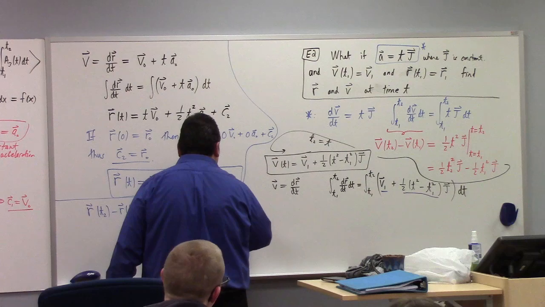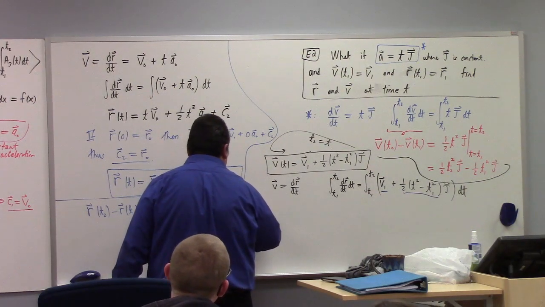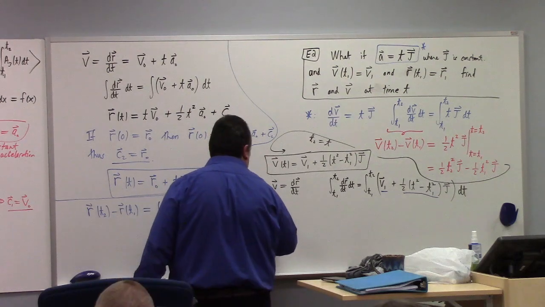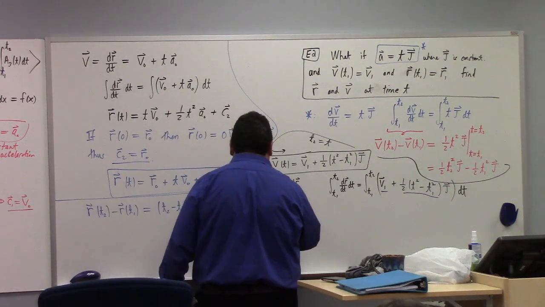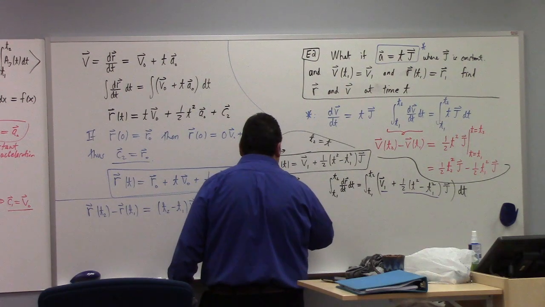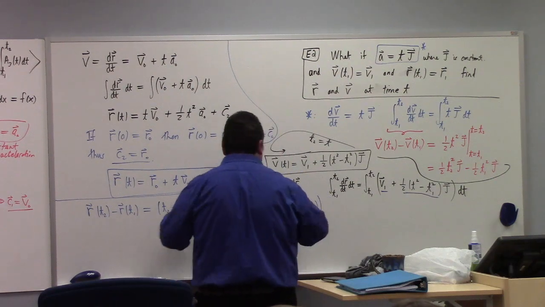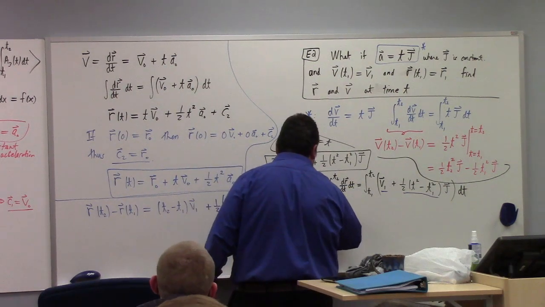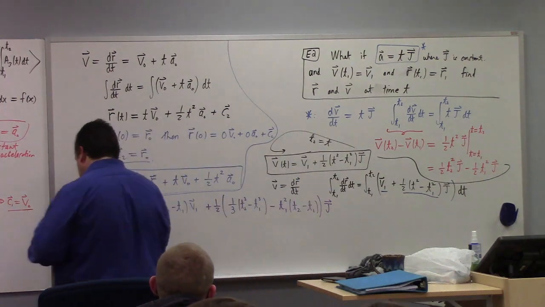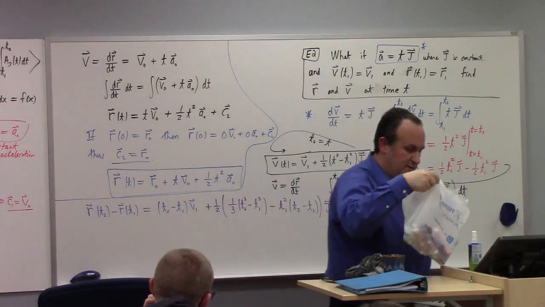That's going to give me a 1/3 (t2 cubed minus t1 cubed). That's the integral of the first piece. And then I've got minus t1 squared times (t2 minus t1). And all of that has the j on it. So finishing blow here, let me write the answer.